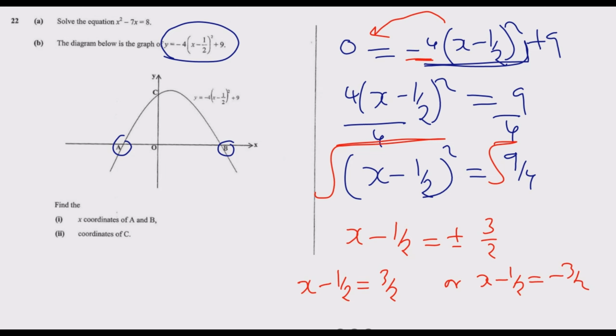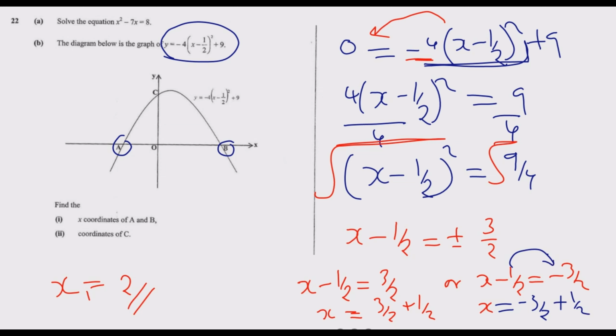So x is equal to 3 over 2 plus half, which is 2, or x is equal to minus 3 over 2 plus half. When the half crosses, it becomes positive. So the second value of x will be negative 1.